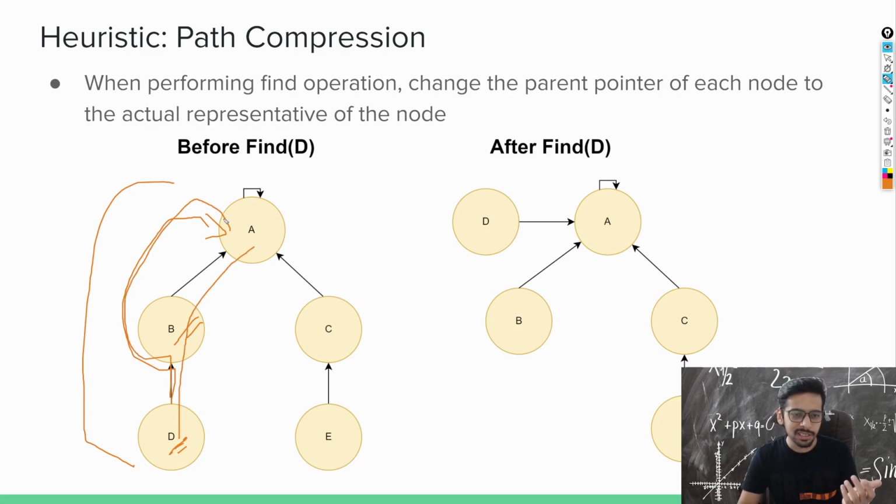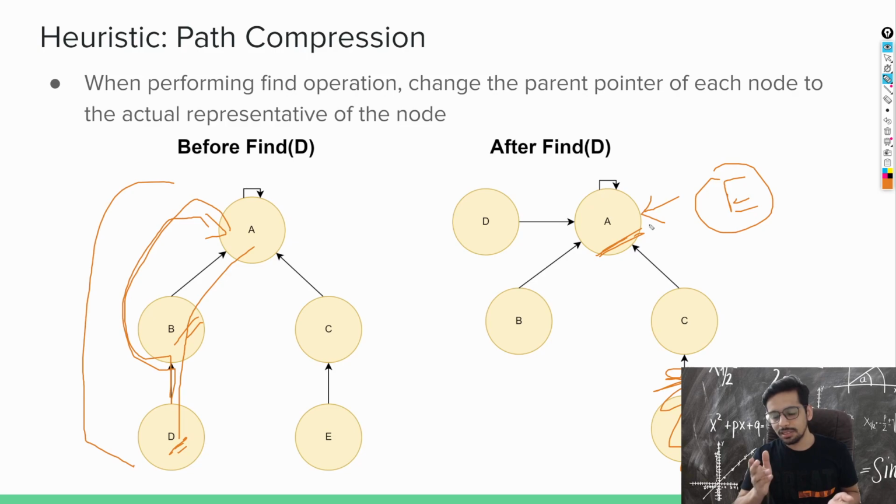How it's implemented is quite simple through basic recursion, but the idea is that your path will be compressed every time you run find of any element, and at the end your set will start looking something like this, everything mapping back to the single element.